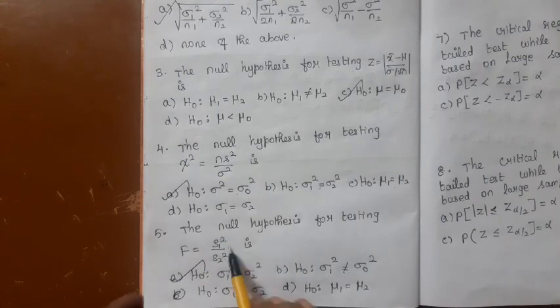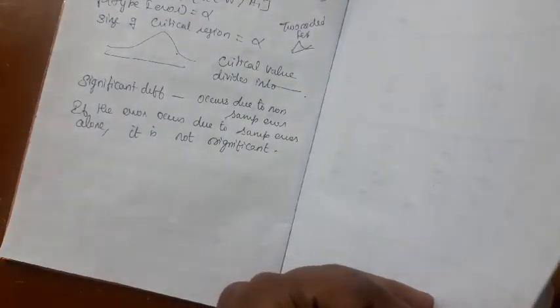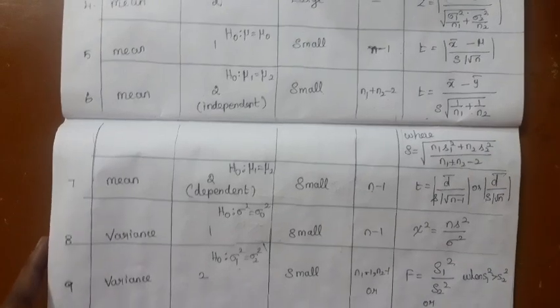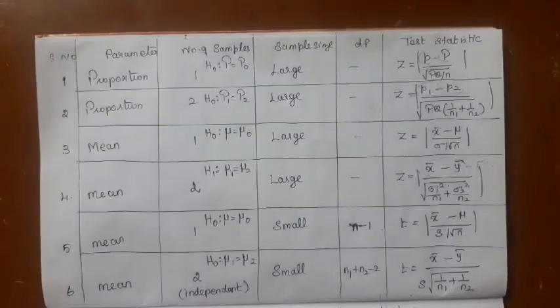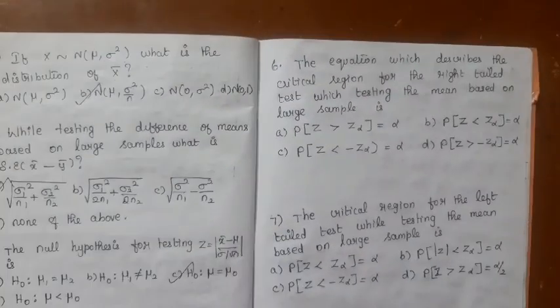So the idea for all these questions is there in this table. I have given the null hypothesis here and the corresponding test statistic. This will be posted as the PDF in the description box.